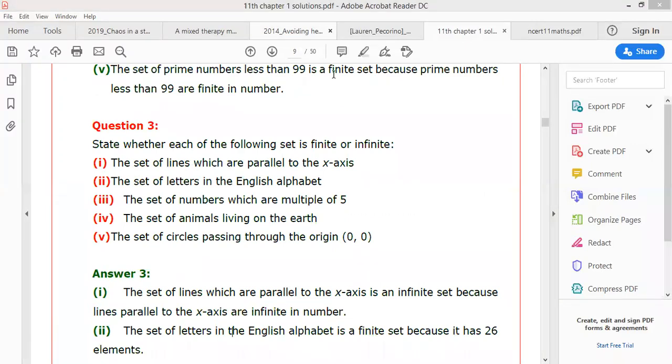I will be plotting here. So, this is xy plane, this is x-axis, and this is y-axis. So we have to draw the lines parallel to x-axis. These are lines.